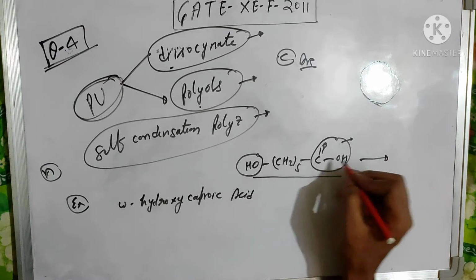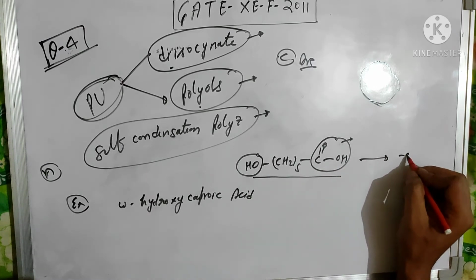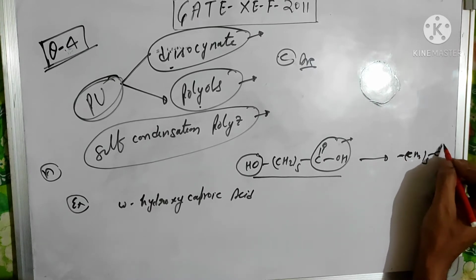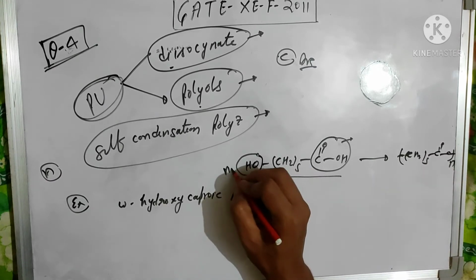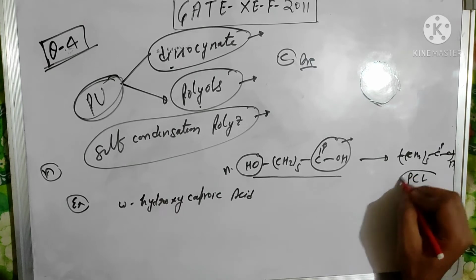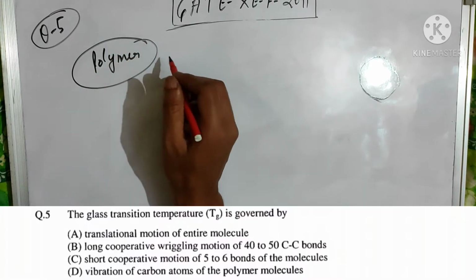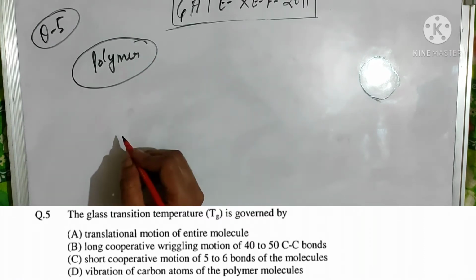So it is polymerized by self-condensation polymerization, and this polymer is known as polycaprolactone (PCL).